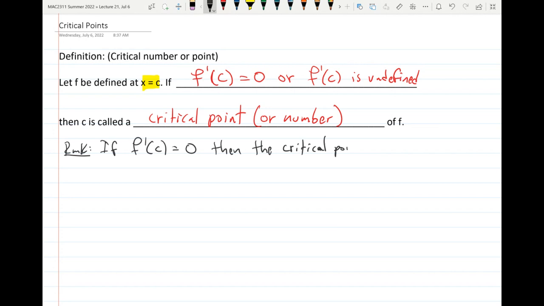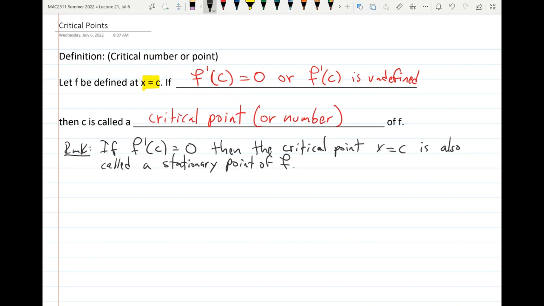Then the critical point x equals c is called a stationary point. That's to differentiate it from the undefined part. It's also called the stationary point of f.